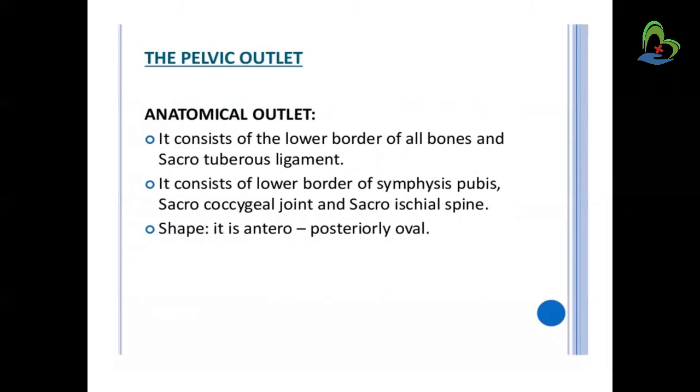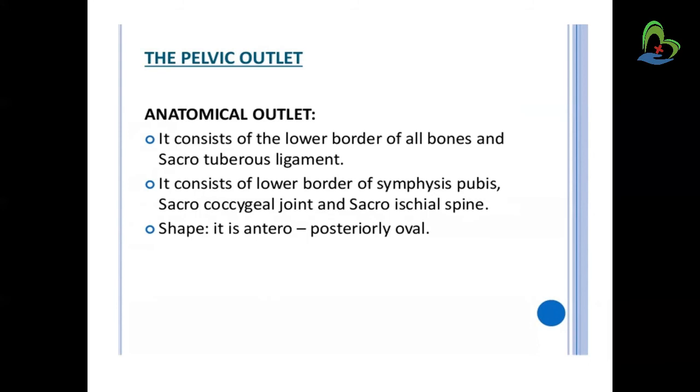Now the pelvic outlet. In the pelvic outlet there is the anatomical outlet, which consists of the lower borders of the pelvic bones and the sacrotuberous ligament. It consists of the lower border of the symphysis pubis, the sacrococcygeal joint where the sacrum and the coccyx are joined, and the ischial spine.